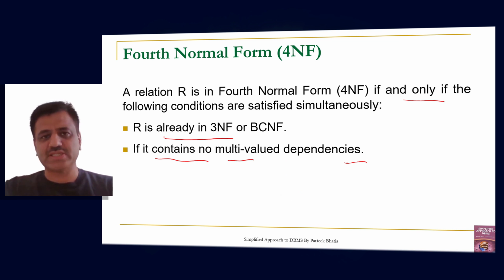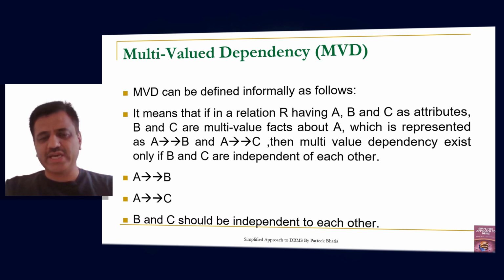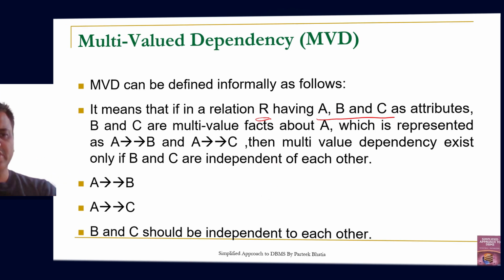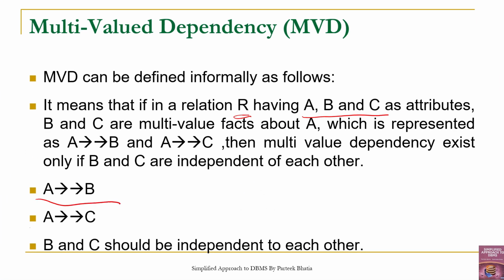So let's first understand what is this multi-value dependency. We can understand the concept of multi-value dependency by considering a relation R having three attributes A, B and C. For A, we have multiple values of B, and for A, we have multiple values of C. These are indicated as multi-value facts, because in the earlier discussed dependencies, functional and fully functional dependency, the representation was a single pointer.